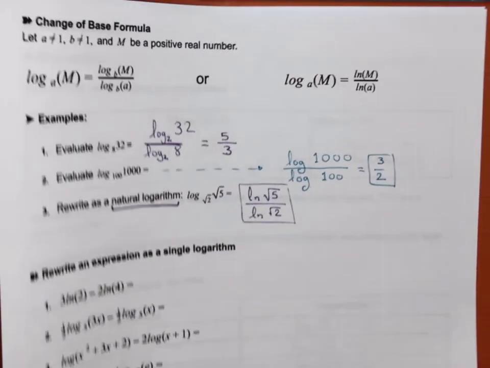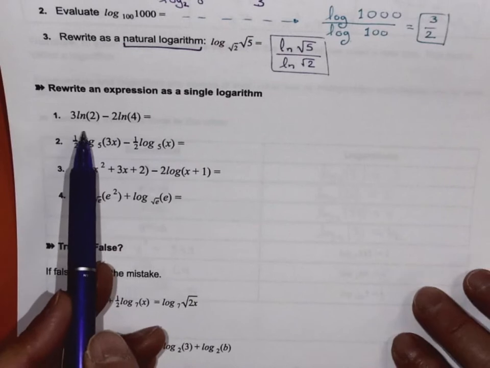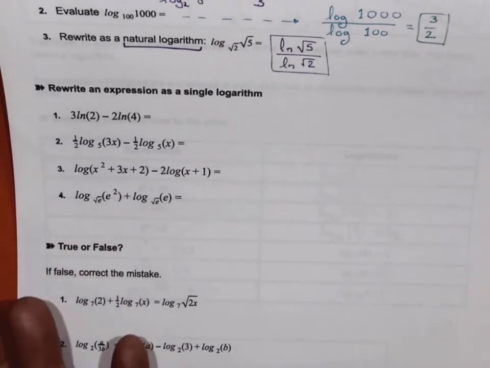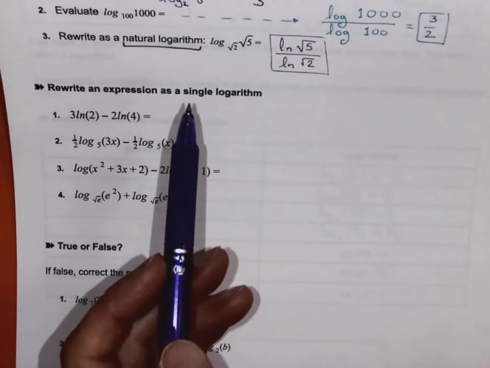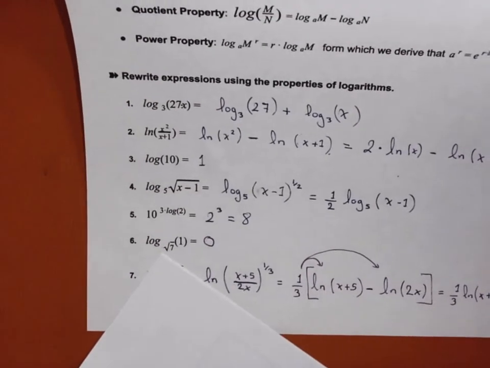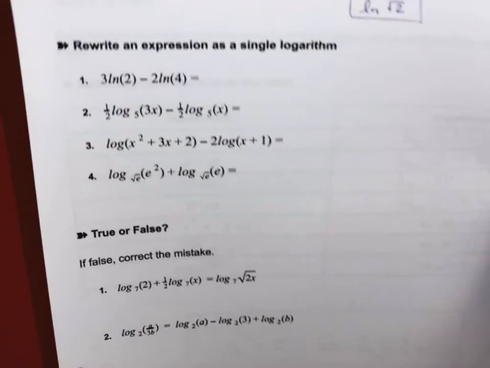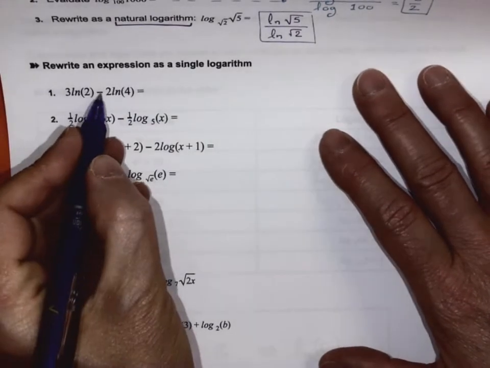Okay, when we're going to solve equations, we're going to end up with expressions that are expanded, and we're going to have to compress them into one single logarithm. So the opposite of what we did down here is what we're going to do up here. So we have a subtraction between two logs, and there are coefficients in the front.